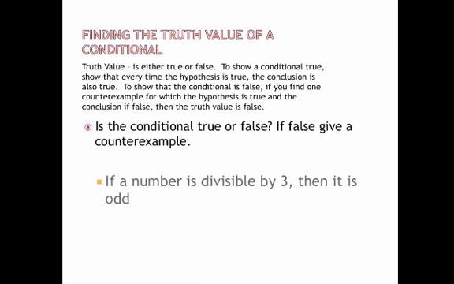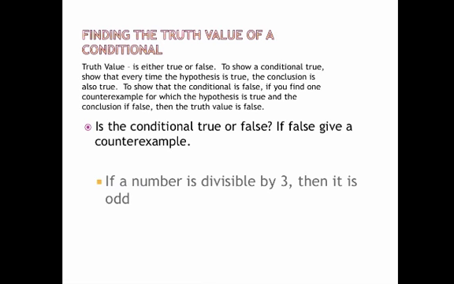All right, finding the truth value. A truth value is either going to be true or false. If the conclusion is false, then we're going to have to find a counterexample. So basically, we look at this one: if a number is divisible by 3, then it is odd. Well, we think about the numbers that are divisible by 3: there's 3, 6, 9.